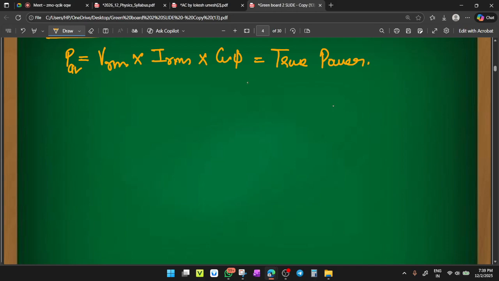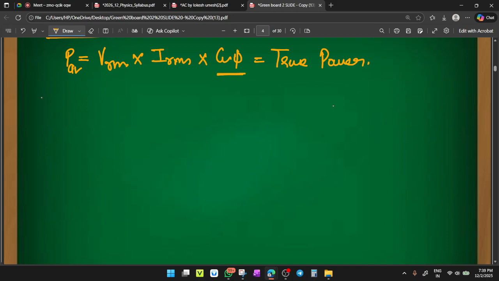If you take cos phi into account, then this average P is called true power: VRMS into IRMS into cos phi. So this is called true power. Clear? When you take cos phi into account.